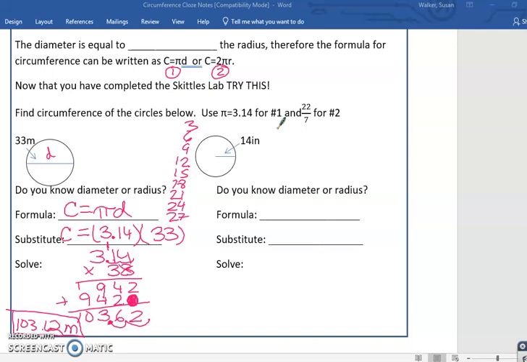Okay? So first thing, we've already labeled it. We know the radius because it goes to the center. So do you think I'm going to use formula 1 or formula 2?